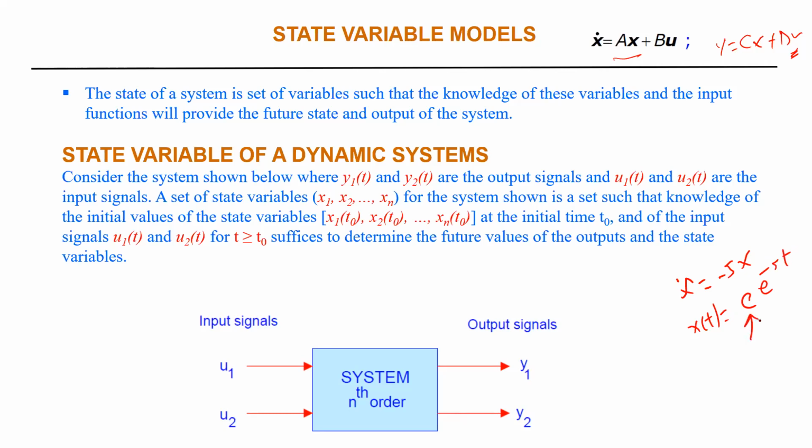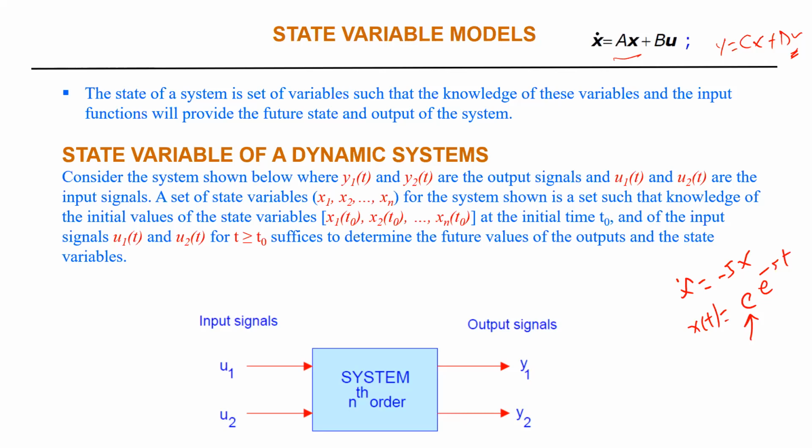But C, if you don't give me the initial condition, I will have many solutions. Isn't it? Right. So that's why what we are saying is that the state is basically the initial state of the system. The initial state of the system with the input uniquely determines certain outputs. If you change the initial condition, you'll get another output.